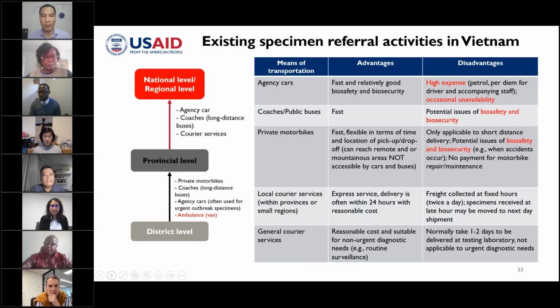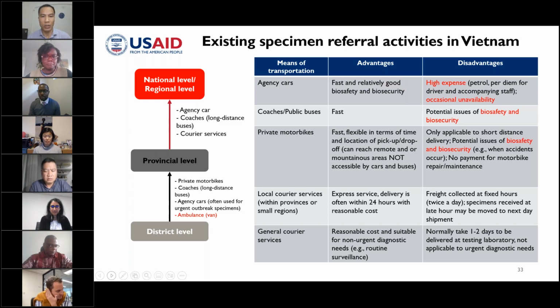So on this slide, it looks a little bit busy, but I just want to highlight some essential information here: the existing referral activity is essentially an ad hoc network, and there is no organized system for most of the diseases, except for some vertical programs such as TB or HIV. They have a silo system.